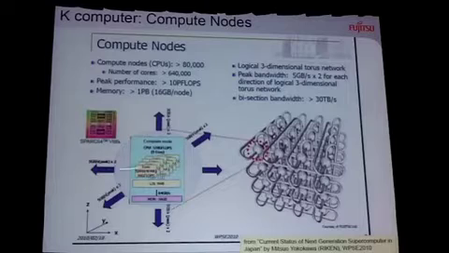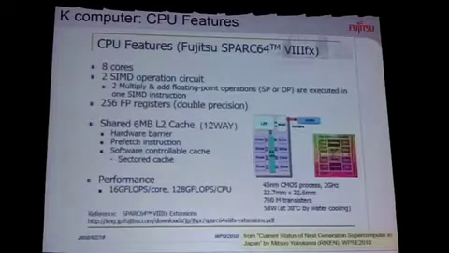The processor is based on SPARC, and I'll talk about it later. The interconnect is a logical 3-dimensional torus network. The peak bandwidth of one link is 5 GB per second, so the total bisection bandwidth is over 30 terabytes per second. And the operating system is Linux on SPARC.